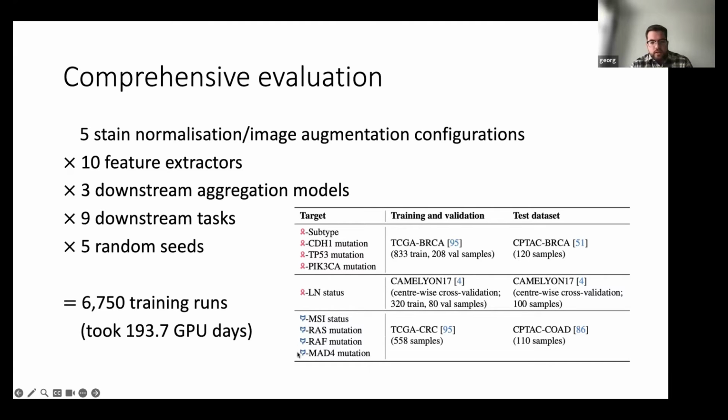And also for 4 targets in colorectal cancer, MSI status, and 3 mutations, again, training on TCGA and testing on CPTAC. And that yielded 6,750 trained models, which took around 200 GPU days if you were to train it sequentially.